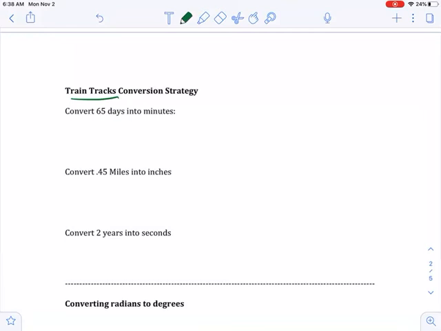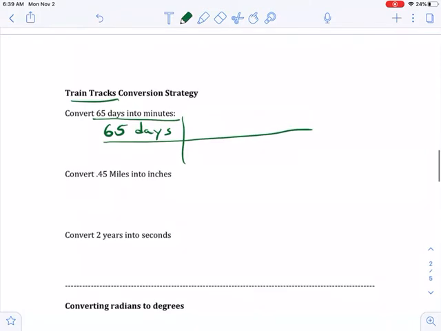So if I have to do some kind of conversion from days into minutes as an example, I would start off with 65 days, and then I create this system of train tracks, which is going to help me get closer and closer to minutes. So I probably need to go from days to hours to minutes. So 65 days, I want to convert away from days.